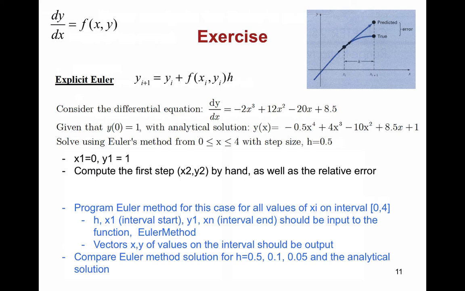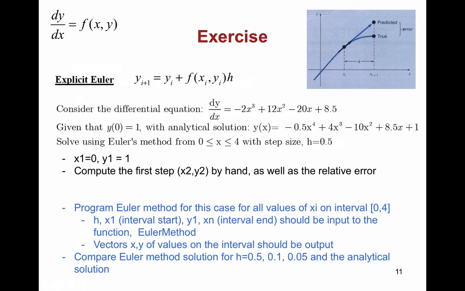The reason I'm solving that one is that my right-hand side actually does not depend on y at all, so I can integrate it and have an analytical solution. That analytical solution, assuming a boundary condition y of 0 equals 1, is given with this formula. I'm not even asking you to integrate. Everything is given.